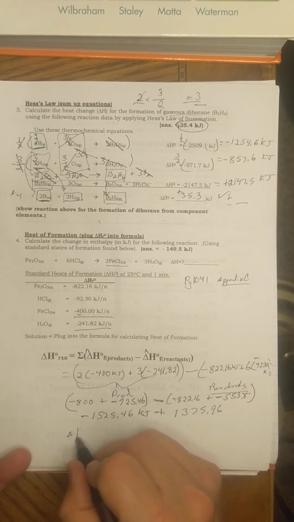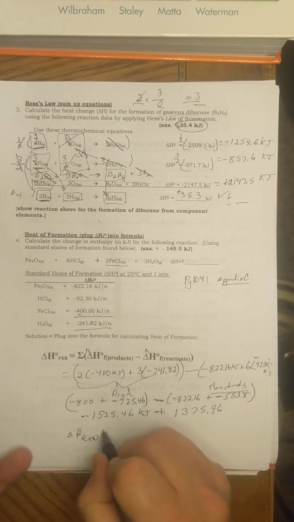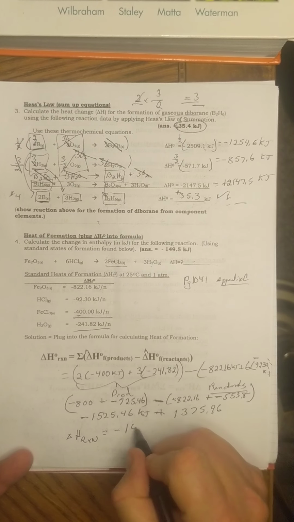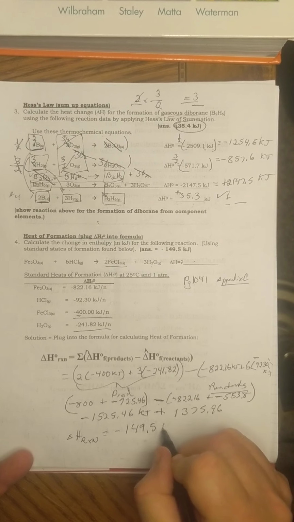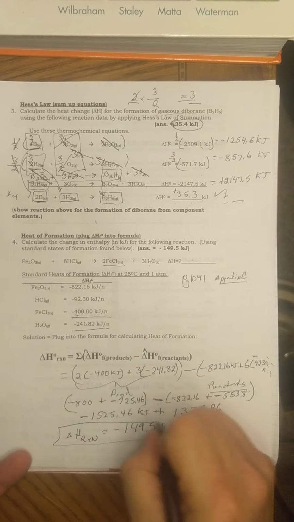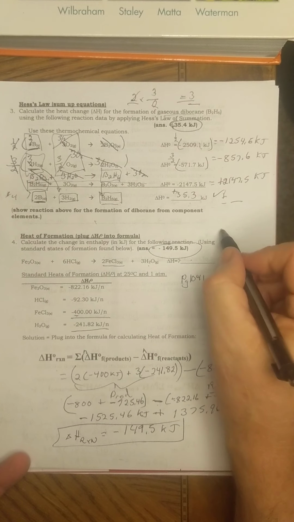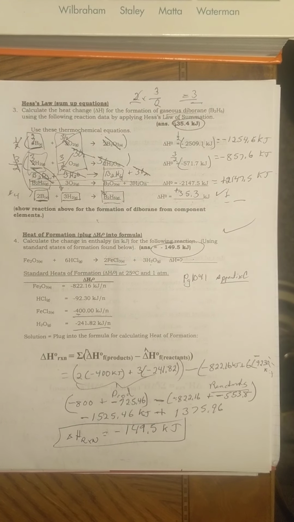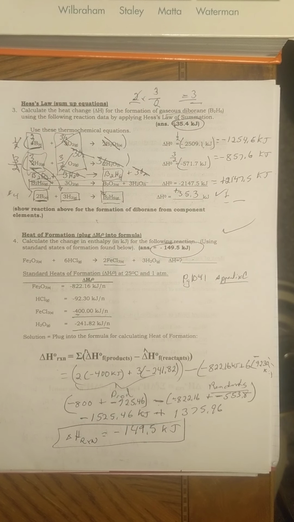And I find out that the delta H of the reaction from heats of summation is negative 149.5 kJs. And there's your answer. So that's Hess's law and summation of heat of formations. In both, what we're doing is we're finding heat of reactions. All right, go to the next section.